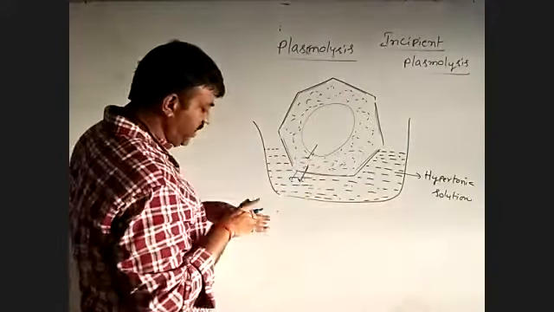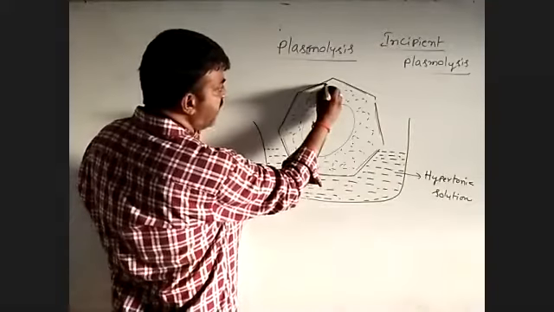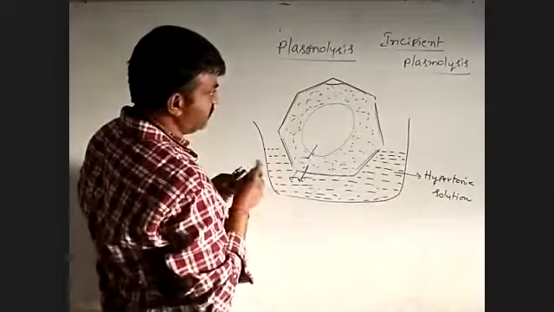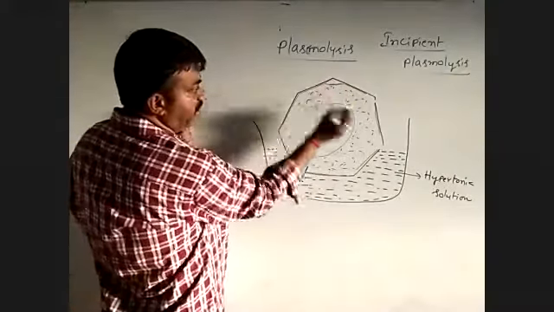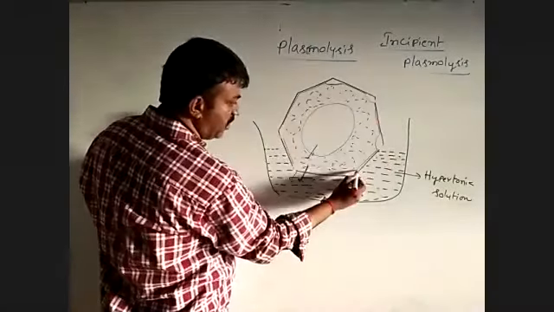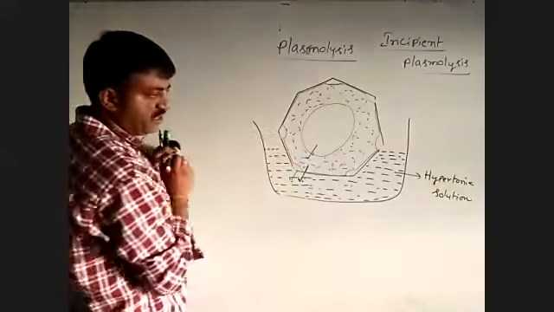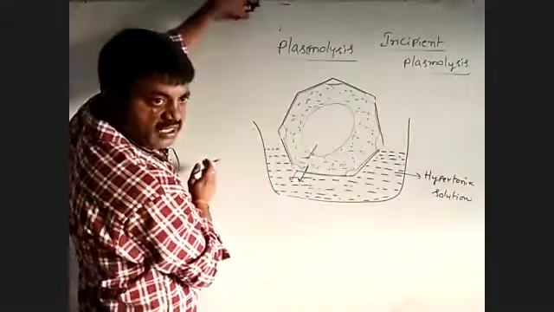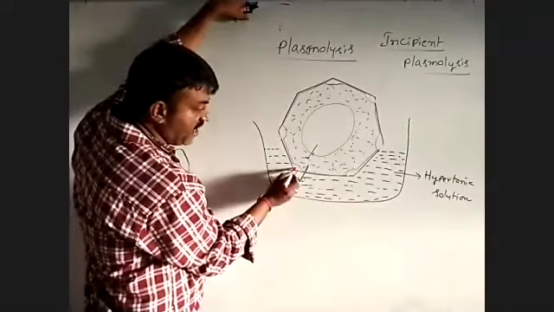But very, very important, it can be identified at the cell corners first. For example, this is the corner, this is another corner, so next corner. Yes, during the shrinkage of the protoplast, it can be identified at the cell corners.